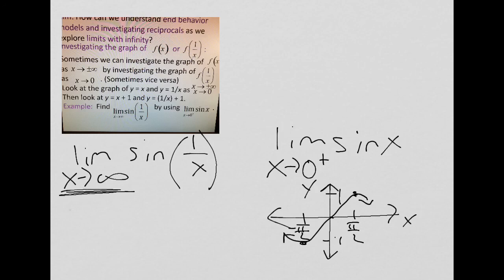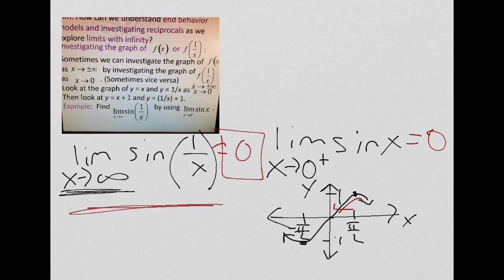We can see that as x approaches 0 from the right, its answer is 0. So this answer is also 0. Ta-da, we're done. So we can figure one out without a graphing calculator if we know what the other graph looks like. So it's extremely helpful when you have non-calculator sections of your exam. Good luck.